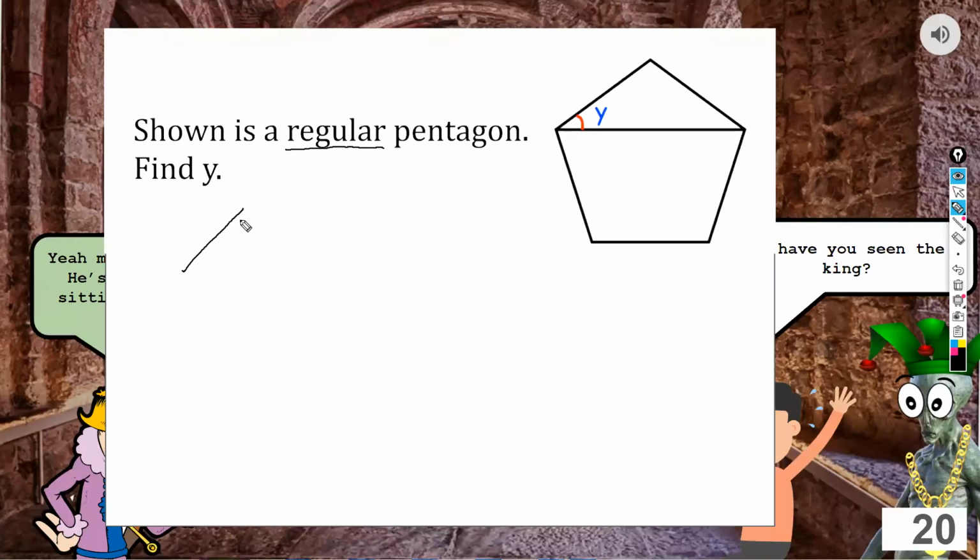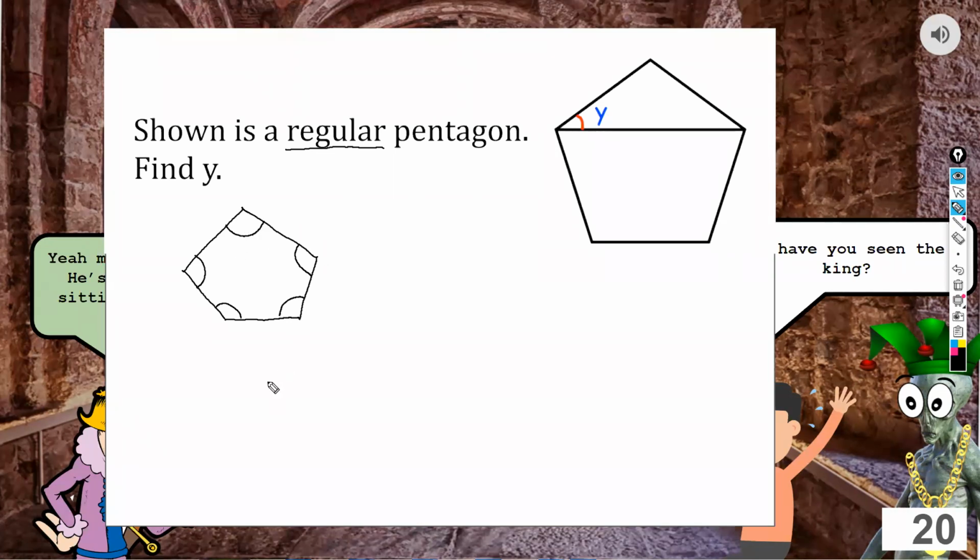Now, if you ignore the line in the middle, I'm talking about this line, when I say all the angles are equal, I'm talking about these angles here.